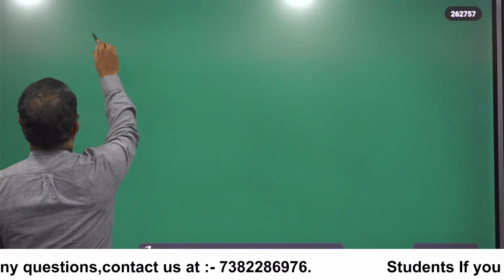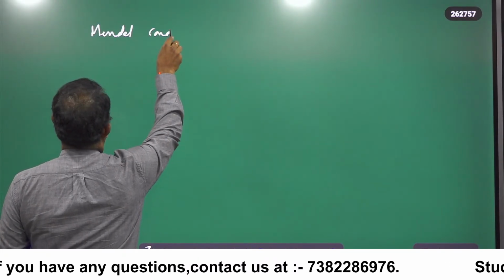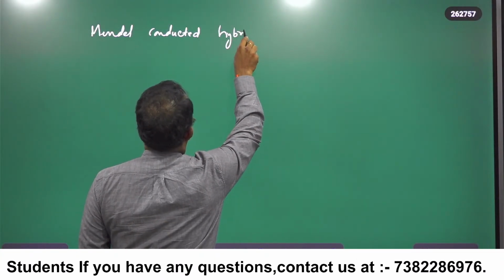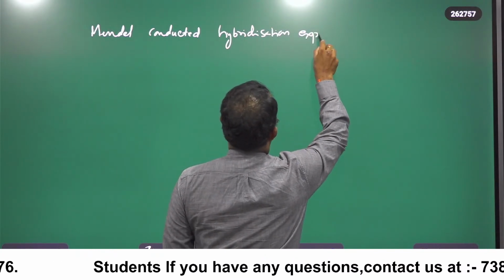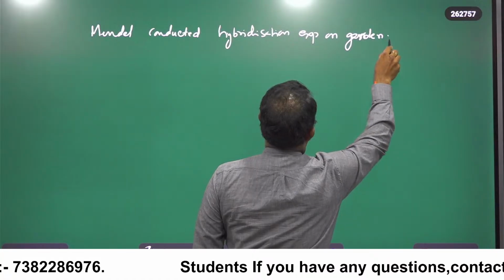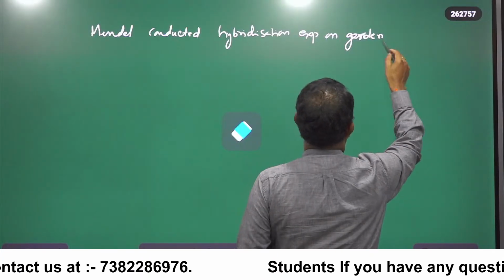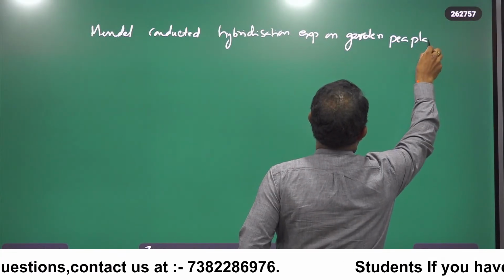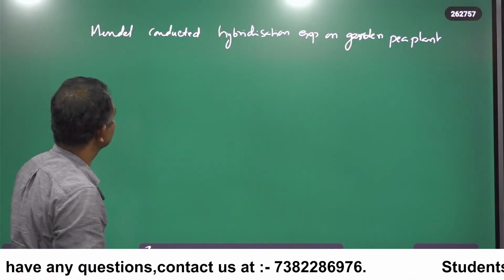Why did Mendel select the garden pea plant?